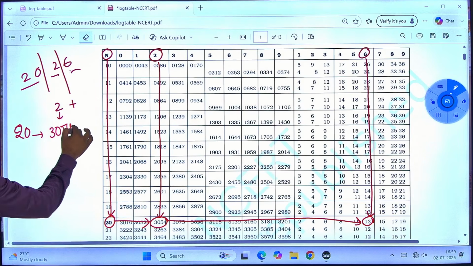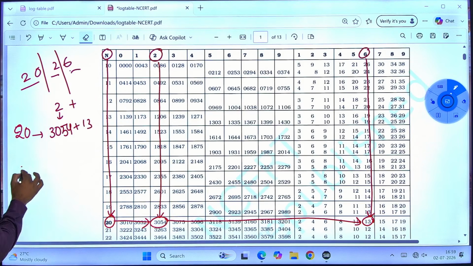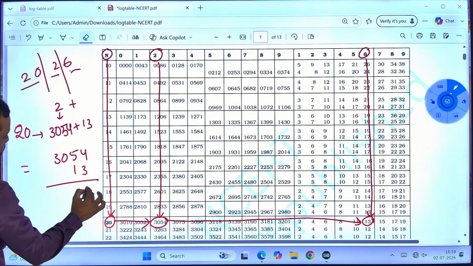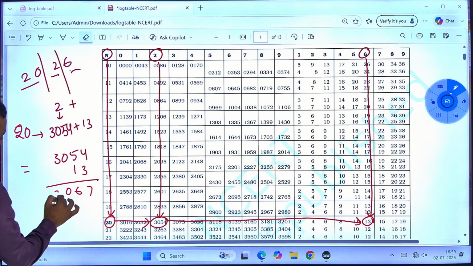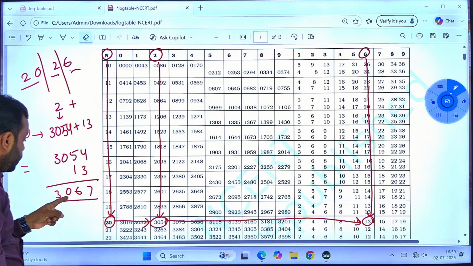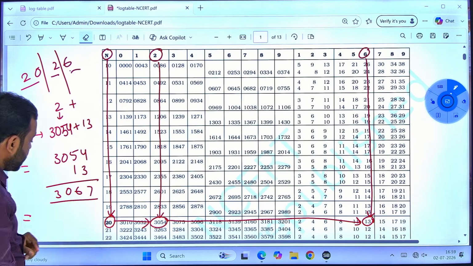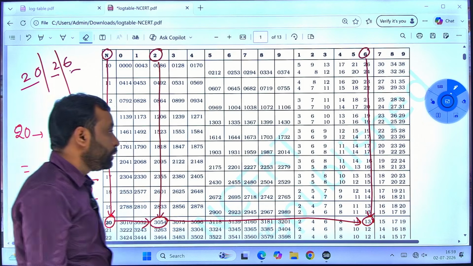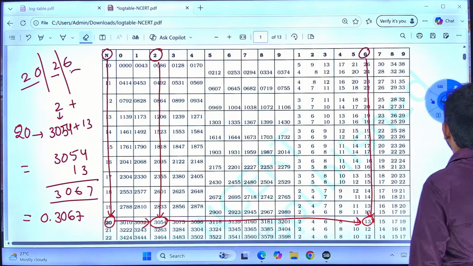The value is 13. You add it. So 3054 plus 13, what did I tell you? 3067 you are getting. Since it is the mantissa, what to do? You add 0. That's it. 0.3067 is your mantissa.